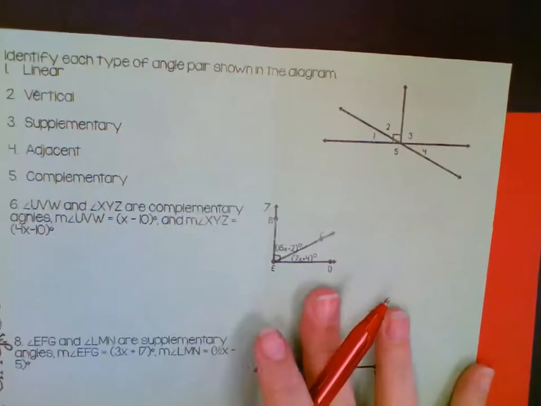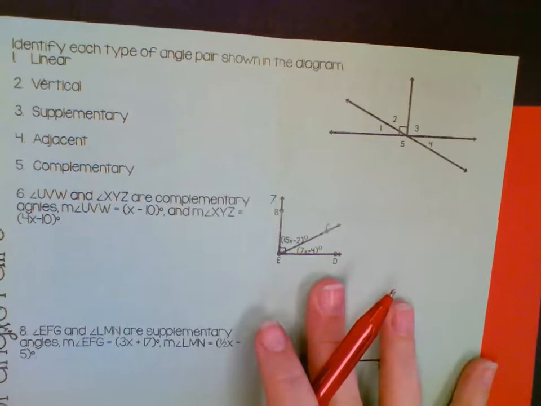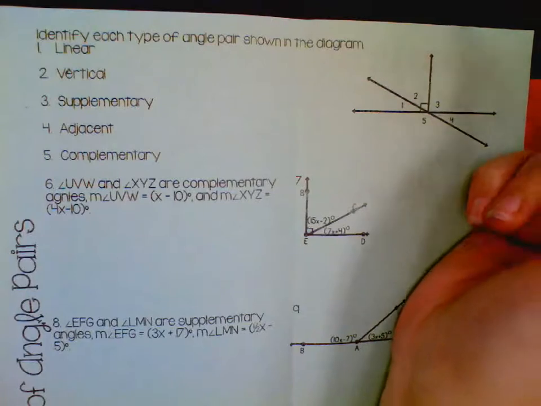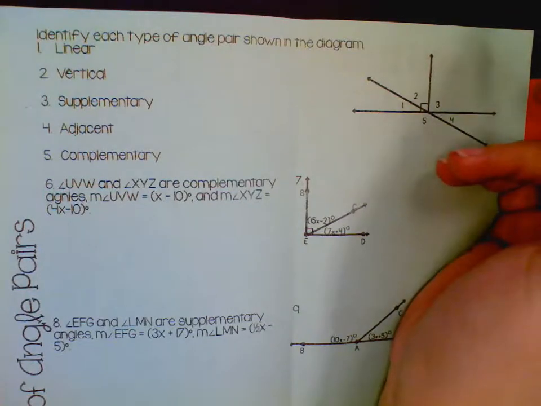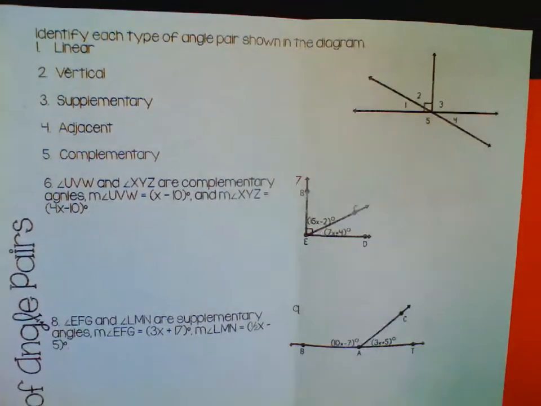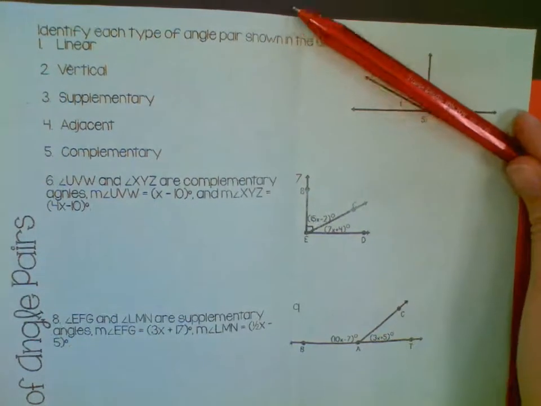Okay, so our first part is just naming angles in the picture. There's a couple different right answers for each kind. So I'm just going to go through one of them, but there's more than one option. Linear are two angles that make a straight line. So find a straight line and name the two angles.